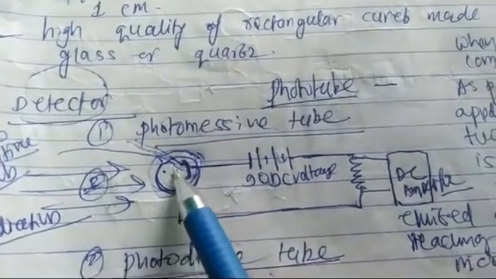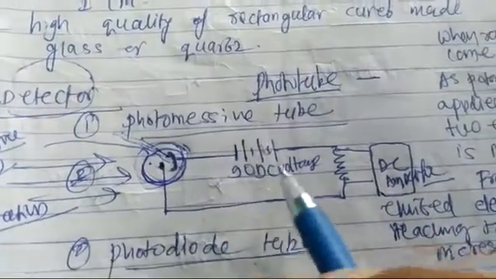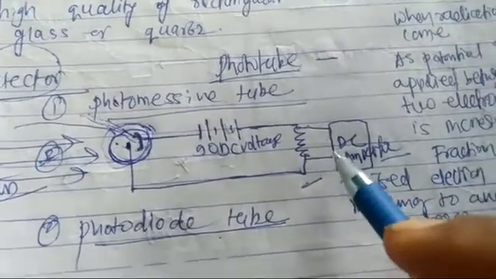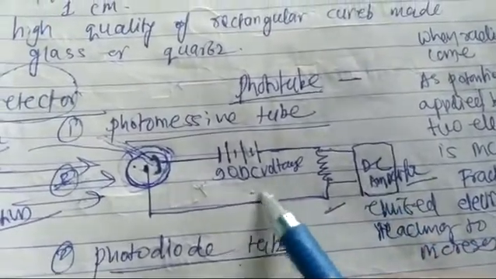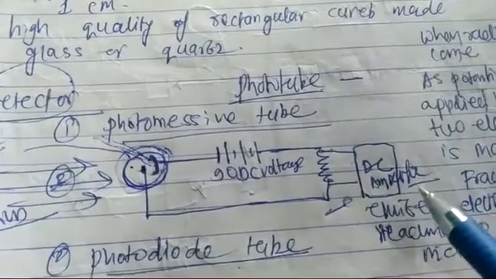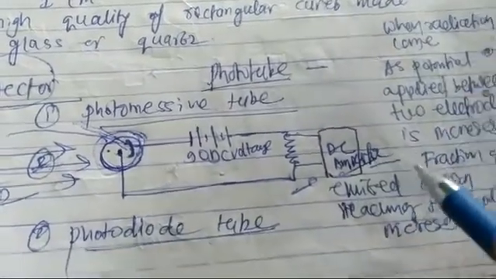From that fluctuation of voltage, we measure its current.